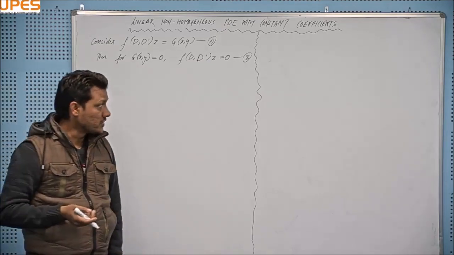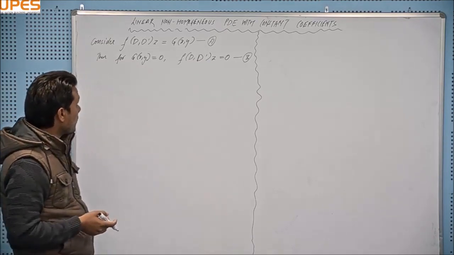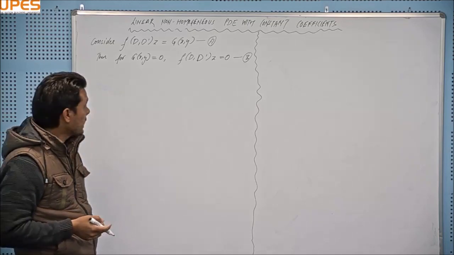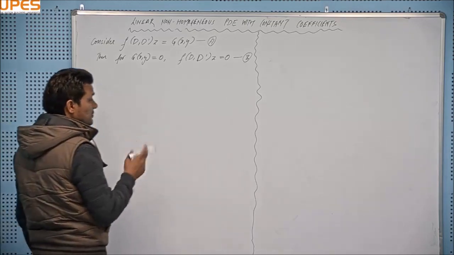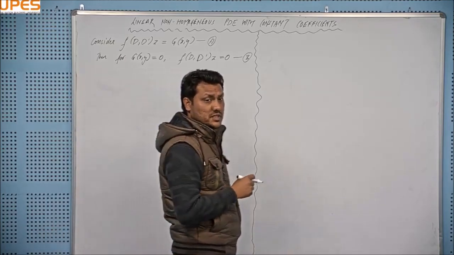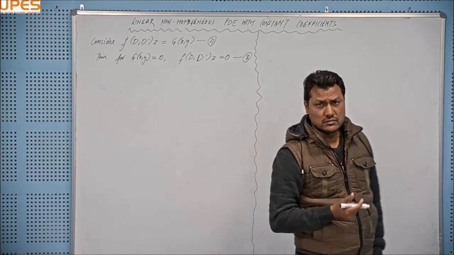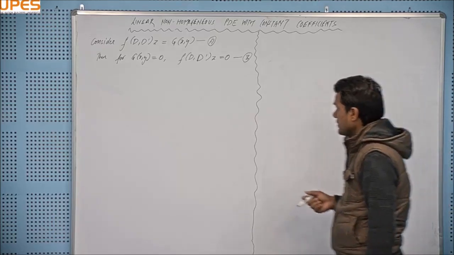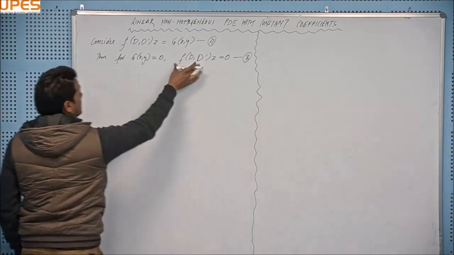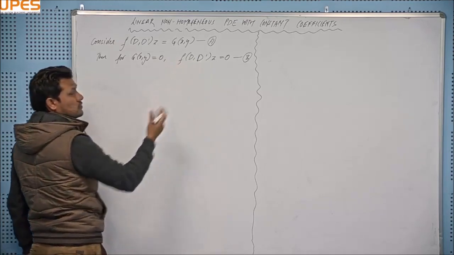I mean, how to find the solution of this non-homogeneous linear PDE? And the method is obviously the same as we discussed in our last lectures for homogeneous PDE, but there is a small difference. And let me first write the factors of this F(D, D') in terms of linear factors.